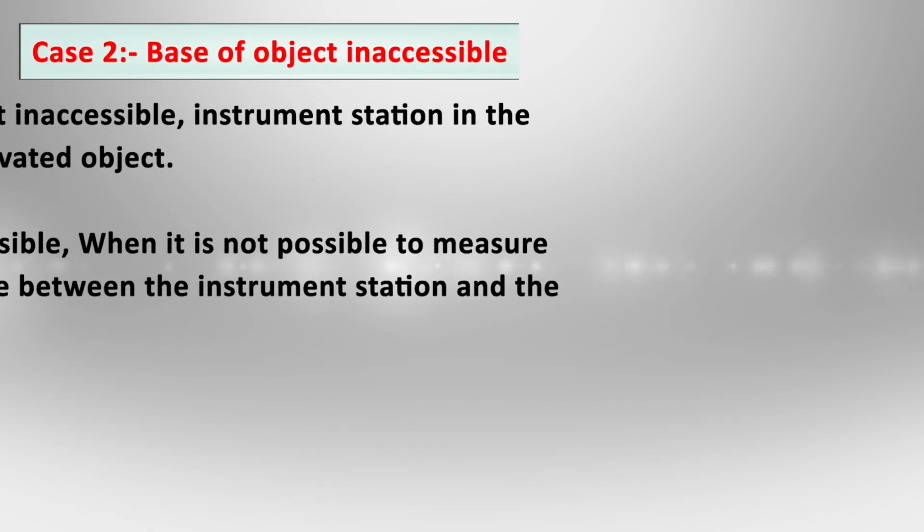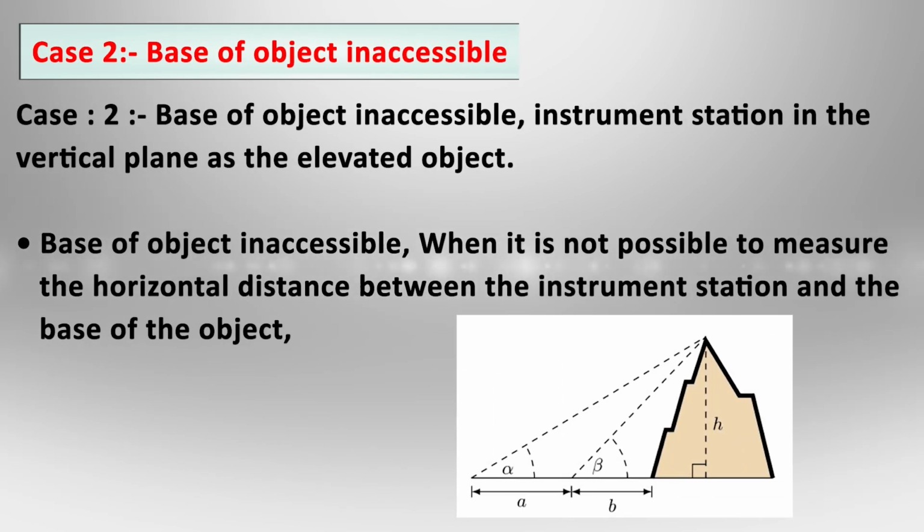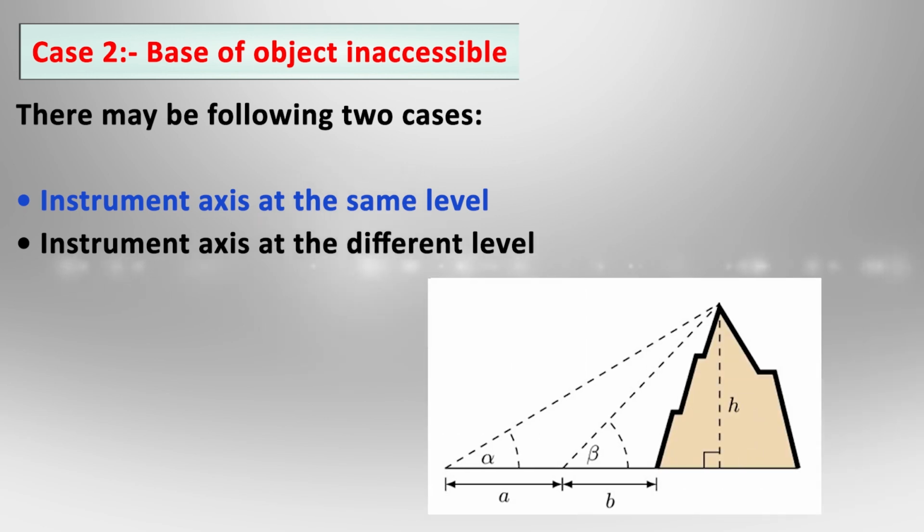Now we will take up case 2, that is the base of the object is inaccessible. The two instrument stations and the object, all three are in the same vertical plane as the elevated object, but the base of the object is inaccessible. When it is not possible to measure the horizontal distance between the instrument station and the base of the object, again here there could be two cases.